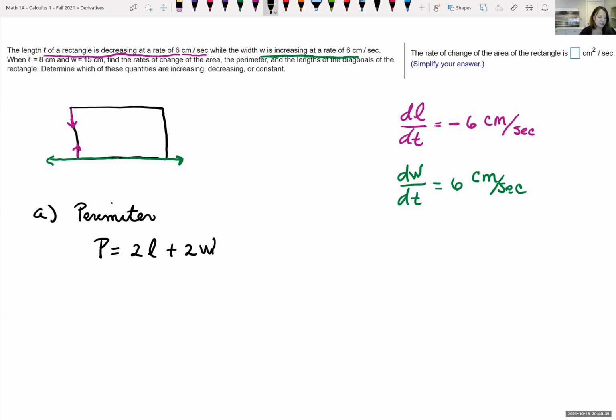And we're actually looking at this at specific cases when our length was equal to 8 centimeters and our width was 15 centimeters.